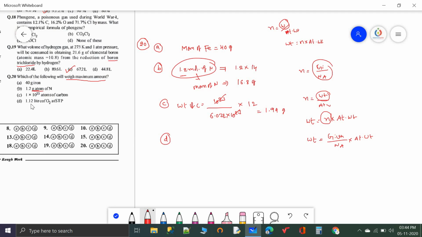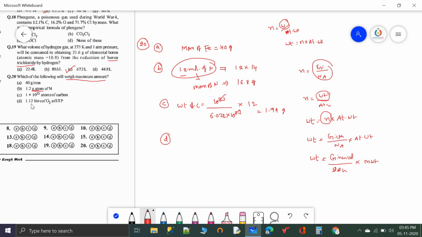And the last one is 1.12 liters of O2 at STP. Here also, if you want the weight, it is number of moles into atomic mass. Number of moles here, if volume is given, is given volume divided by 22.4, into the molecular mass if a molecule is given. If an atom is given, you take the atomic mass. But here oxygen is given as a molecule, so I have taken the molecular mass.